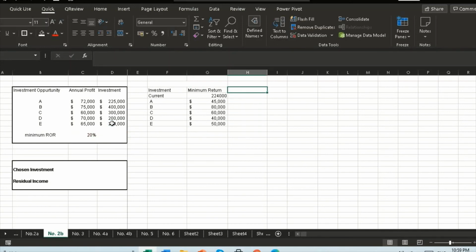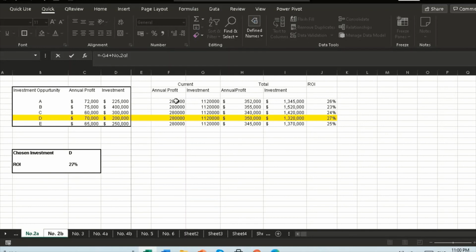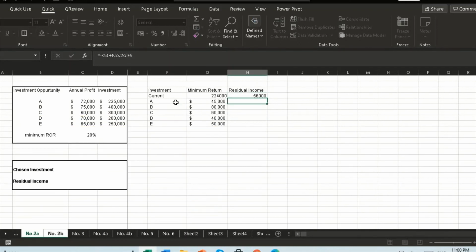To get the residual income, we will deduct the minimum return from the annual profit. That is minimum return to be deducted from our annual profit. For the current investment, it is 56,000.